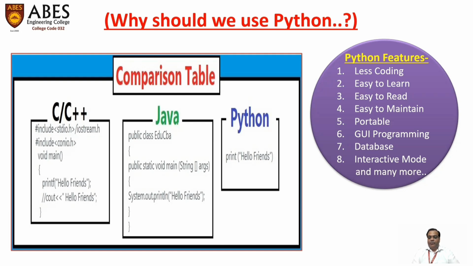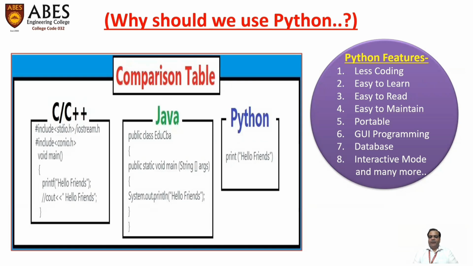But when we are doing this program in Python, it is very simple. We have to use only a single function, print, and we use the hello friends string inside this print function. After writing these lines of code in C, C++, Java, and Python, we are getting the same output, hello friends.